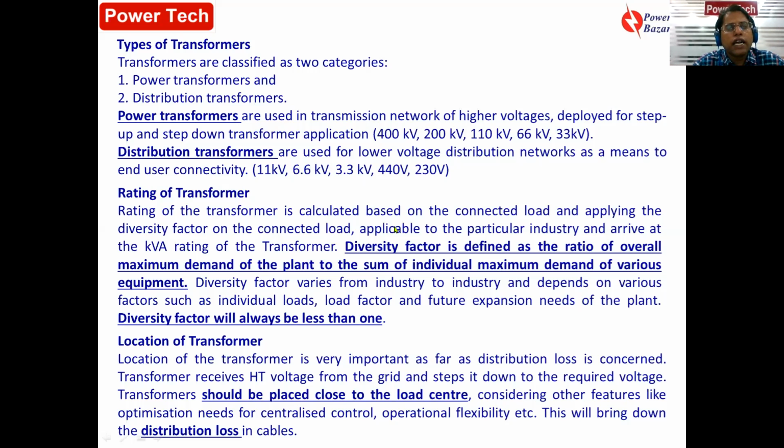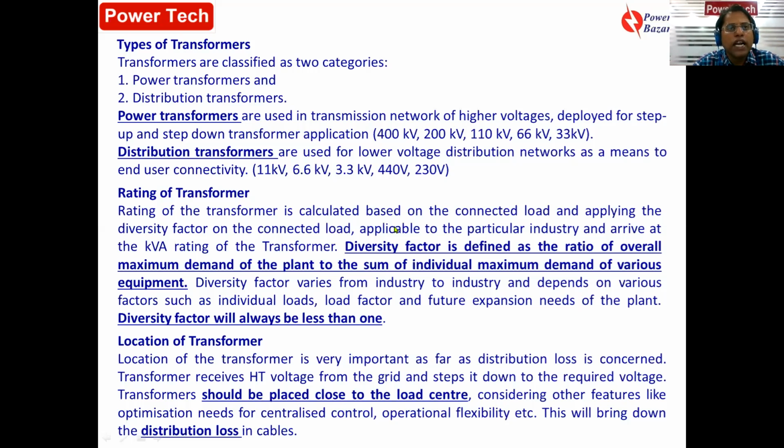All transformers are rated by number of phases, whether single or three phase, frequency, and kVA rating, the standard kilovolt ampere rating. This is the normal rating of a transformer. Sometimes you see ON, that means oil natural, air natural, which describes the cooling method of transformers.